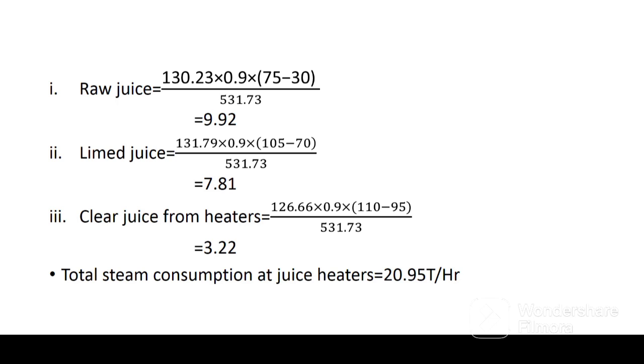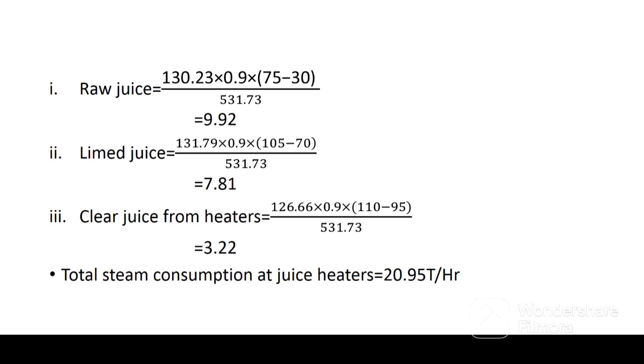So we'll take 75 minus 30, that's 45. So we'll take 130.23 times 0.9 times 45 over 531.73. This will give us 9.92. So 9.92 is the steam used to heat raw juice or mixed juice.